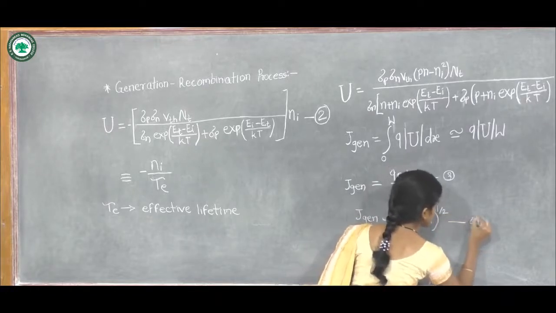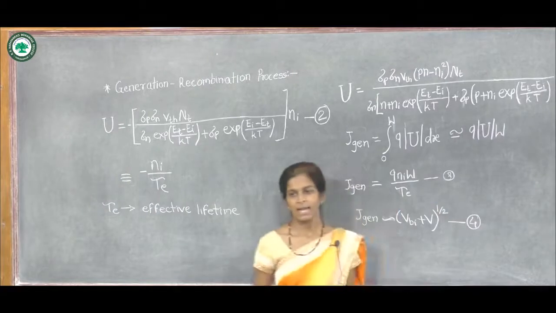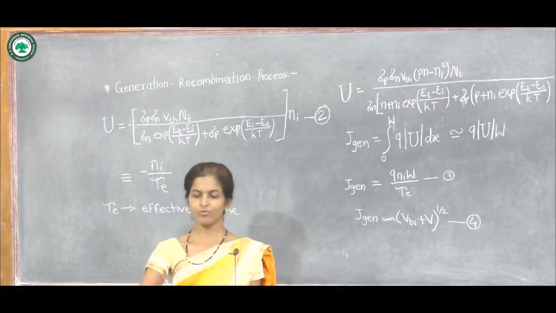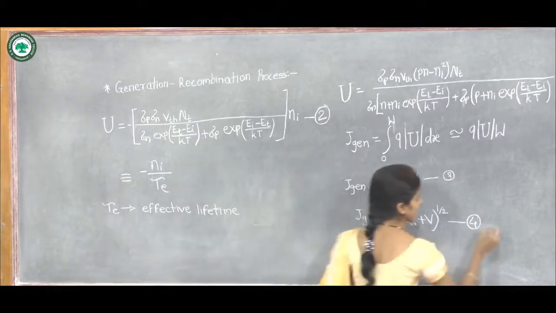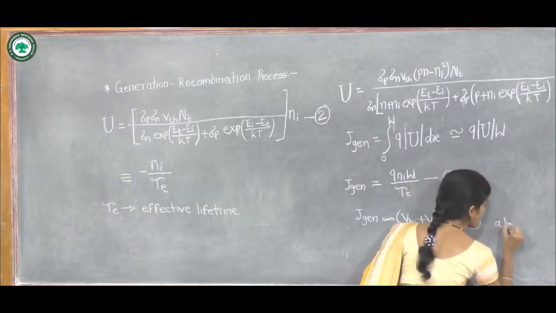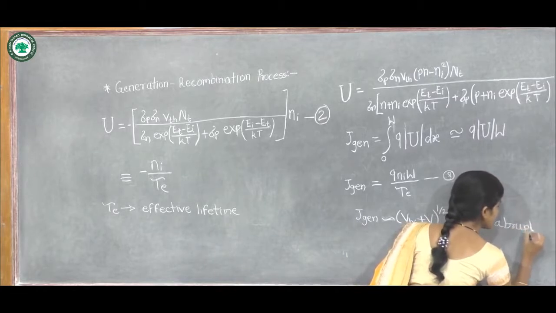This is equation number 4, and this equation is valid for an abrupt junction.